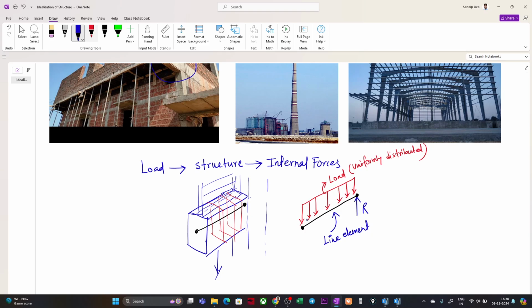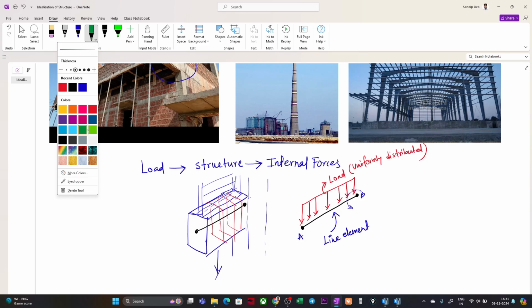Now as we have applied this load and this beam is connected to these nodes, this node here, it can also rotate like this, right? But if we want that this beam should not rotate about this particular point, suppose I name the points A and B, and let me change the color, maybe some green color.